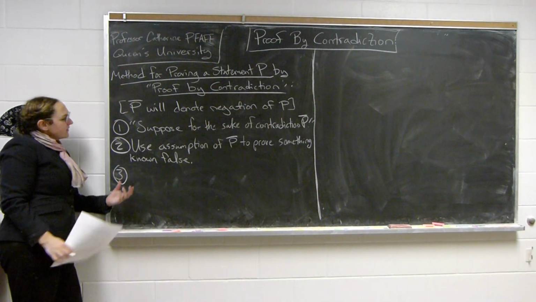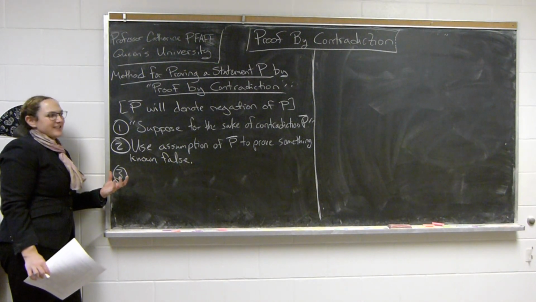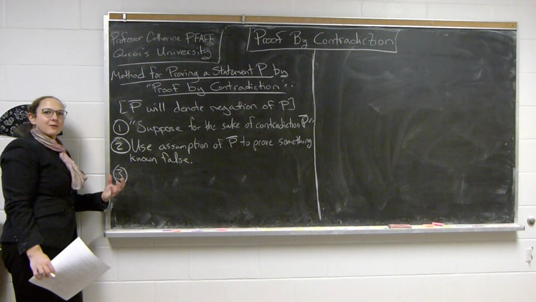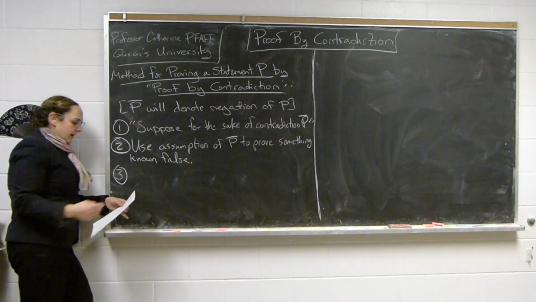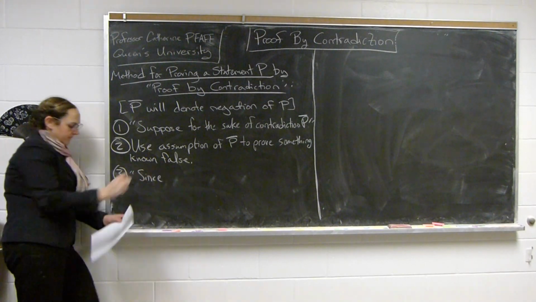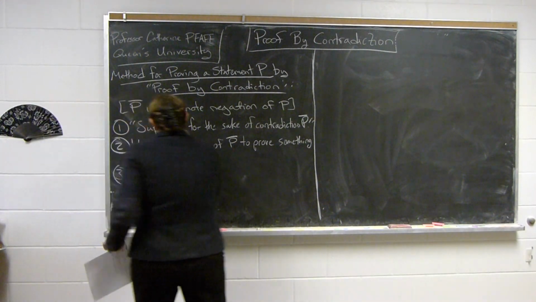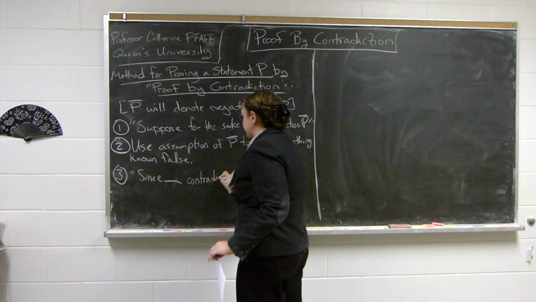And then another piece that I think is important is you need to let us know what the contradiction is, what you're contradicting with. So this is another clarity piece. You can write, since blank contradicts, and it's usually good to be even more specific than this.